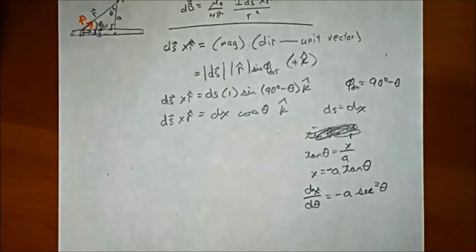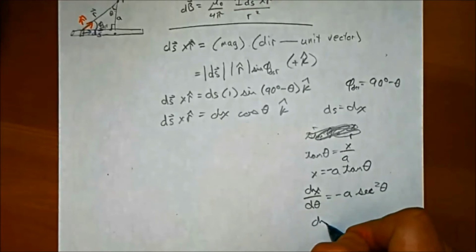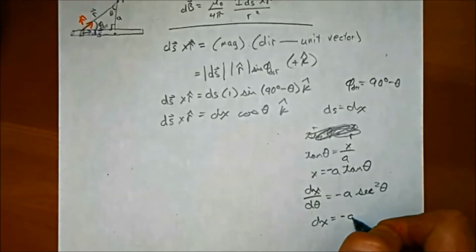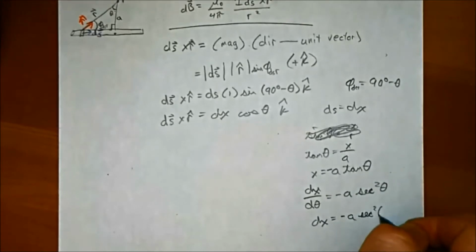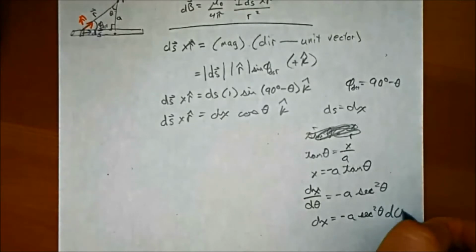So, yeah, you can look it up in the table for this class though. So then dx is equal to negative a secant squared theta d theta.